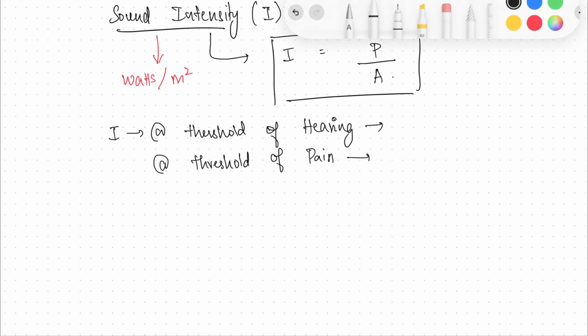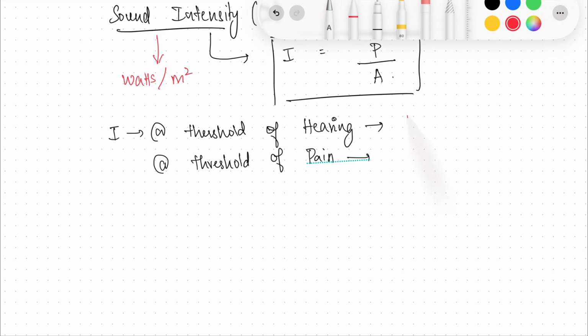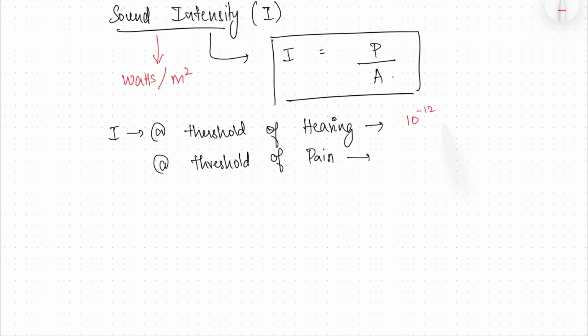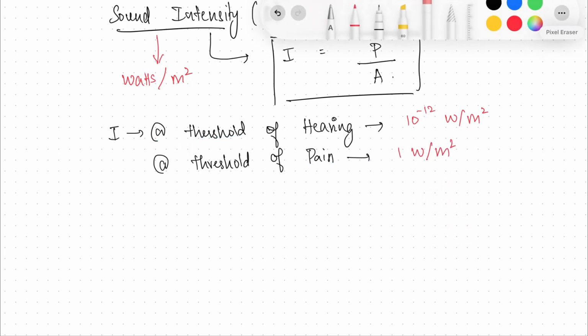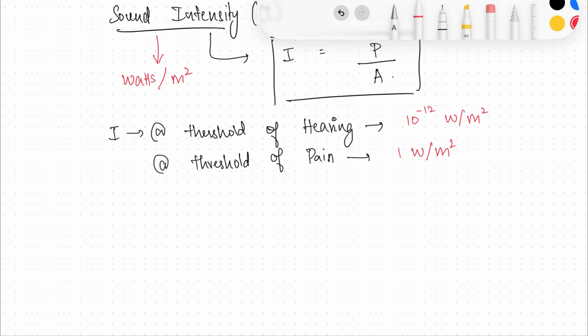For the threshold of hearing, it's 10 to the power minus 12 watts per square meter. And for the threshold of pain, it is 1 watt per square meter. So this is our sound intensity.